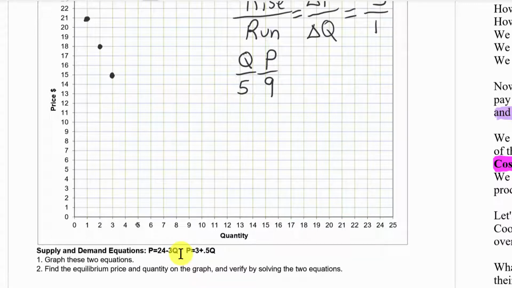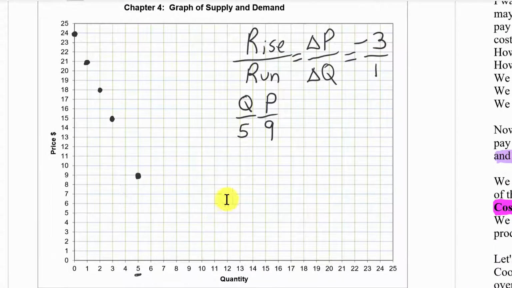And that would give us another point. Quantity 5, price 9. Just make sure you can do this very carefully, very quickly, and very accurately. So get your index card or your ruler, and let's connect those dots very carefully. All right, so there's our demand curve.